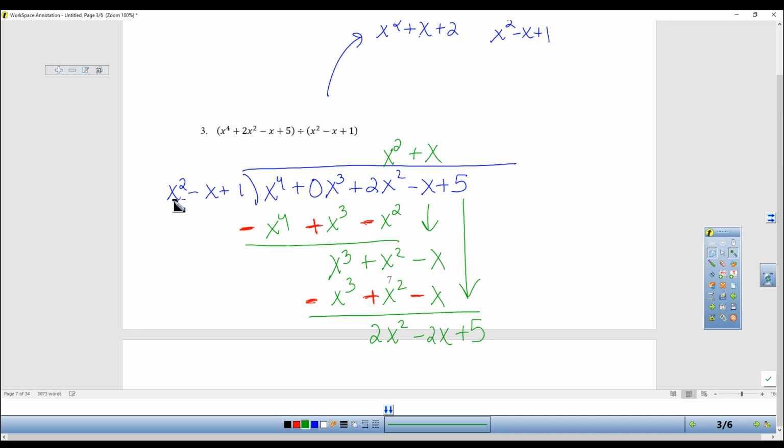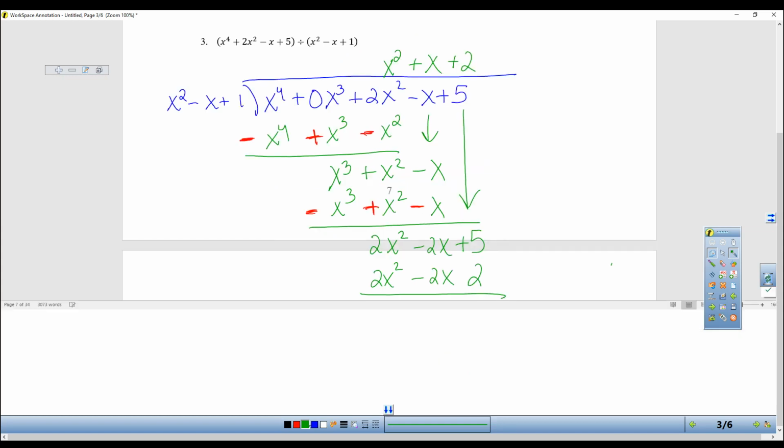2x squared, the first divided by the first, will tell you what to put next. And it's just a 2. I distribute. 2 times 1 is 2. 2 times negative x is negative 2x. And 2 times x squared is 2x squared. I changed my color to show that I've subtracted correctly. So when I look back on my own work, I can feel confident.